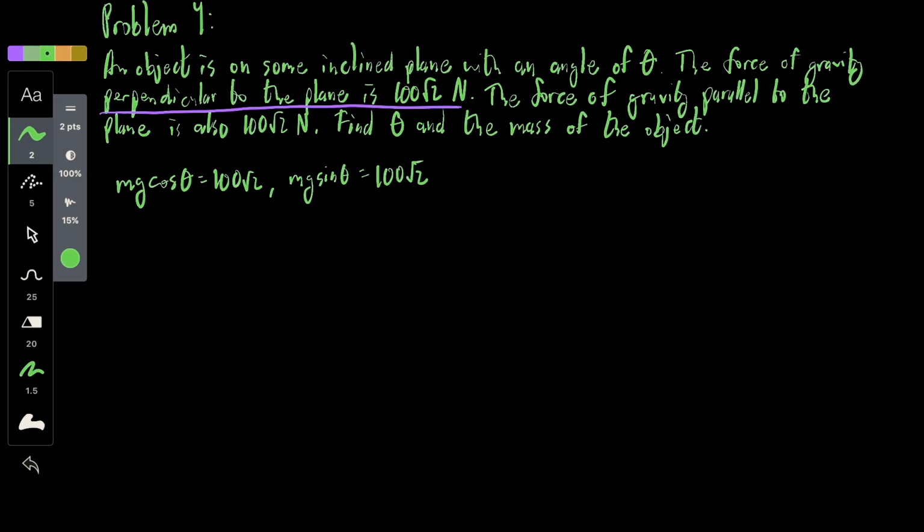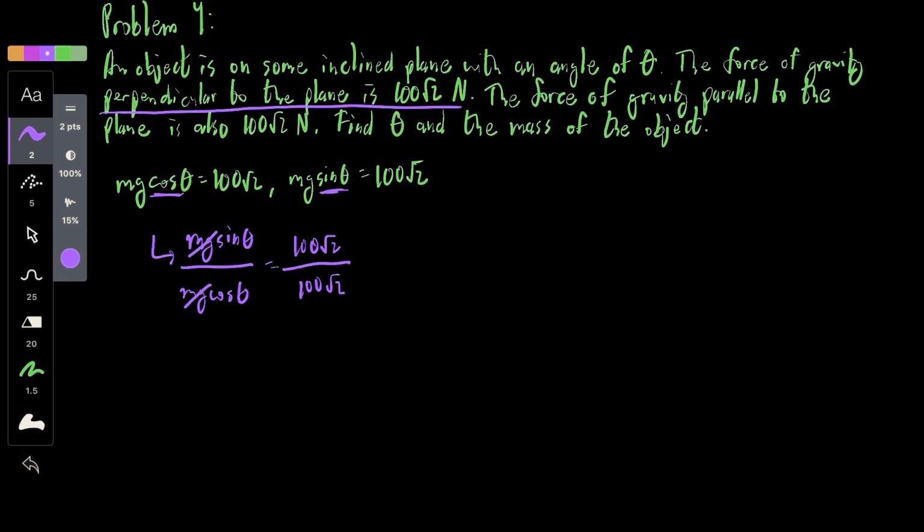One thing you can do, when you're given forces parallel and perpendicular, or you have pretty nice equations with sine theta and cosine theta, is to take the equation with sine theta and divide it by the equation with cosine theta. So mg sine theta divided by mg cosine theta is equal to 100 times the square root of 2 divided by 100 times the square root of 2.